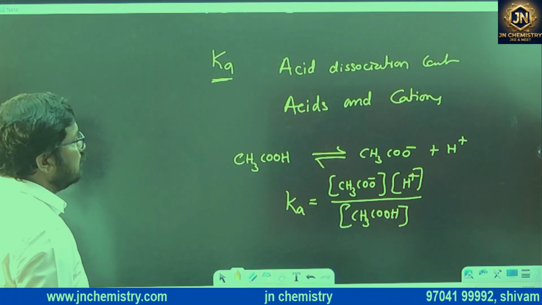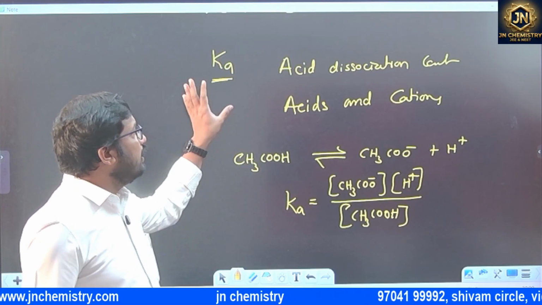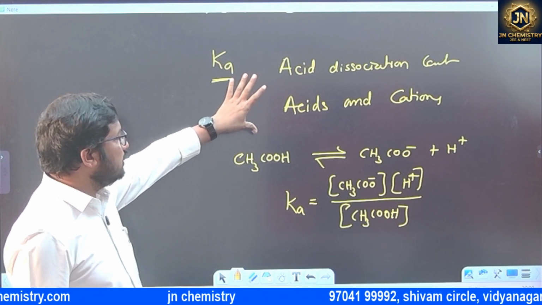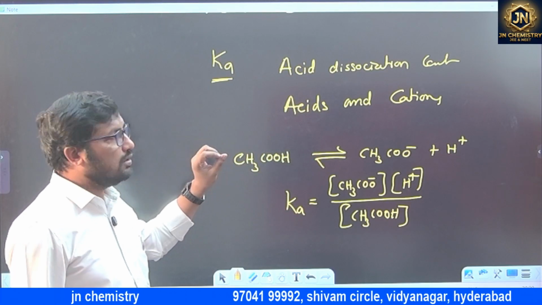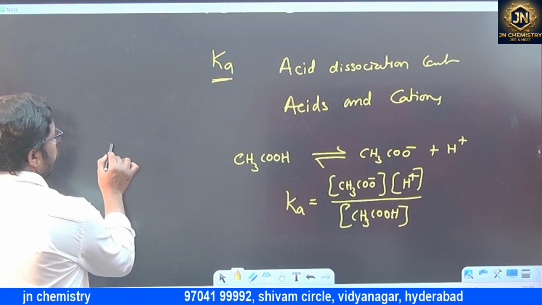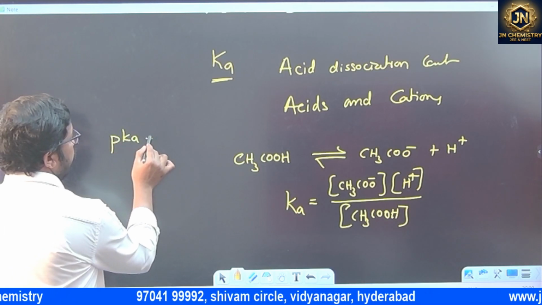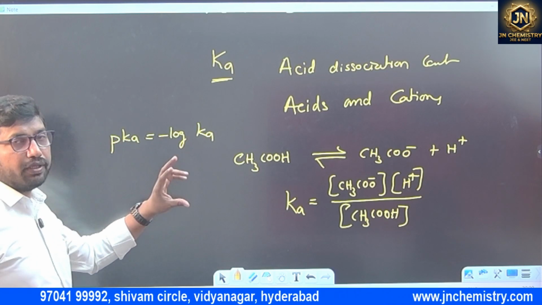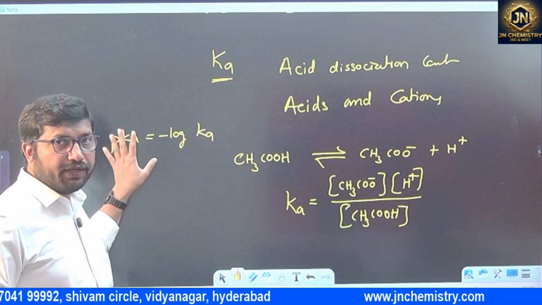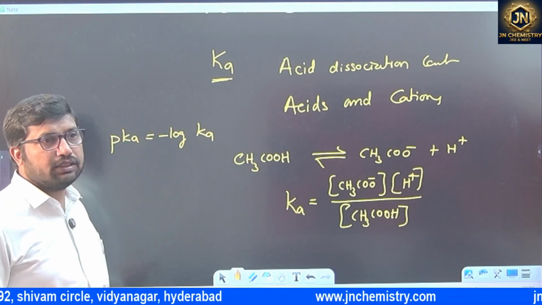Write it down. So we discussed today Ka is the acid dissociation constant, right? This is defined for acids as well as cations. pKa is nothing but minus log Ka. I already told you, if the Ka value is high, pKa value is low, meaning that acid is a stronger acid.